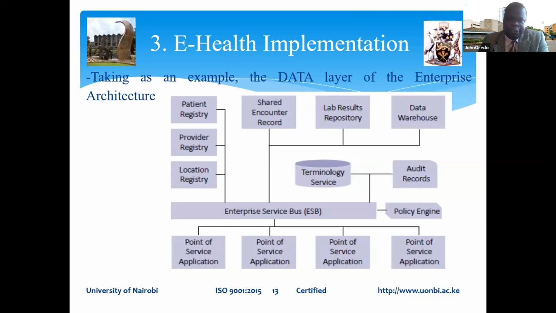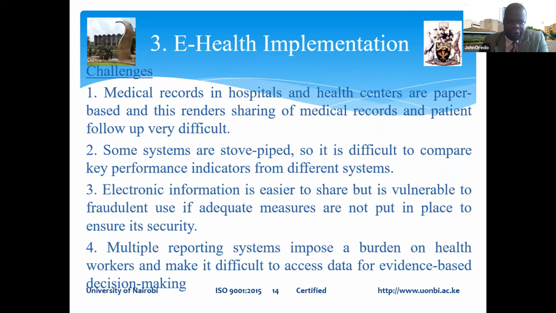Now, this is an implementation extract for a hospital, an institution. The data will be on patient registry, provider registry. I just want to use it to briefly explain how to apply the enterprise architecture.